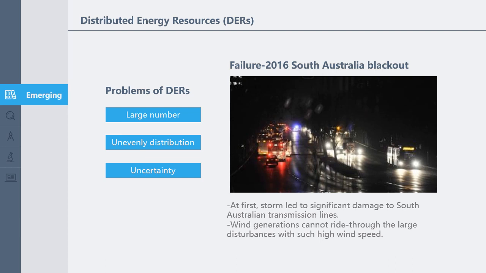A famous example of failure is the 2016 South Australia blackout. At first, the storm led to significant damage to the transmission lines, but the situation was worsened because the wind generation could not ride through this large disturbance with such high wind speed, and thus the high power output. So in the end, these reasons led to a terrible blackout accident.